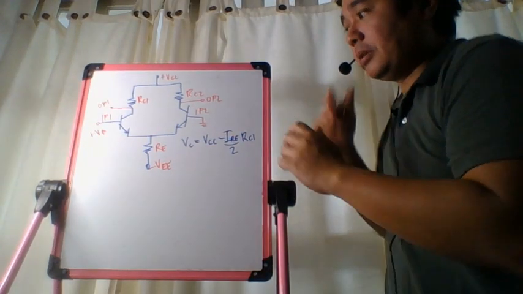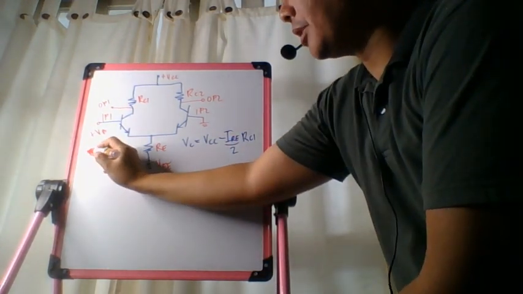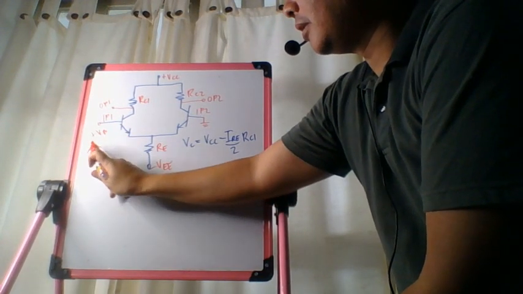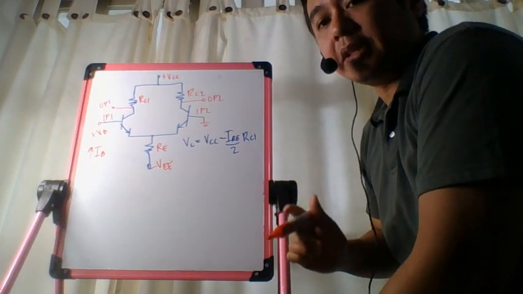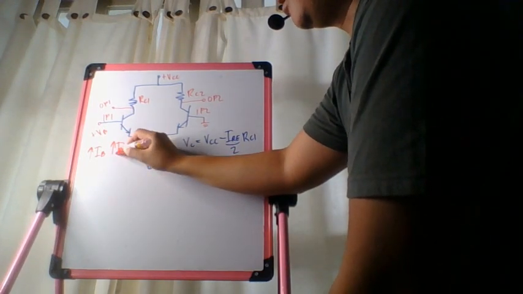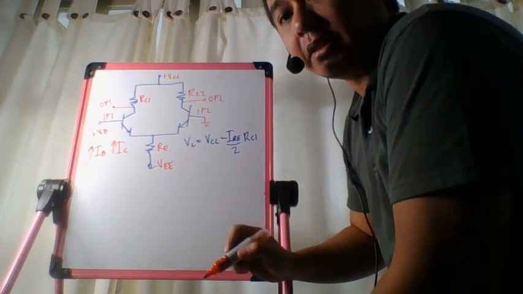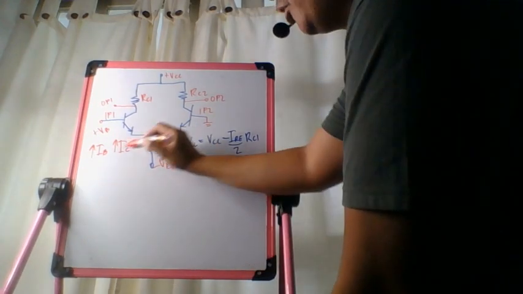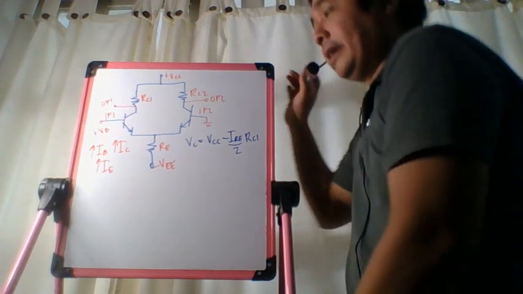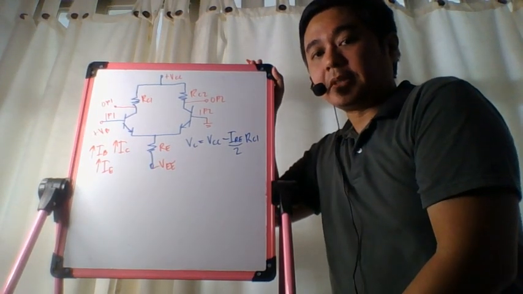Okay? So, isa-isahin uli natin. No? For this one, the DC base current will increase. The same with the collector current. And then the same with the emitter current. Okay?